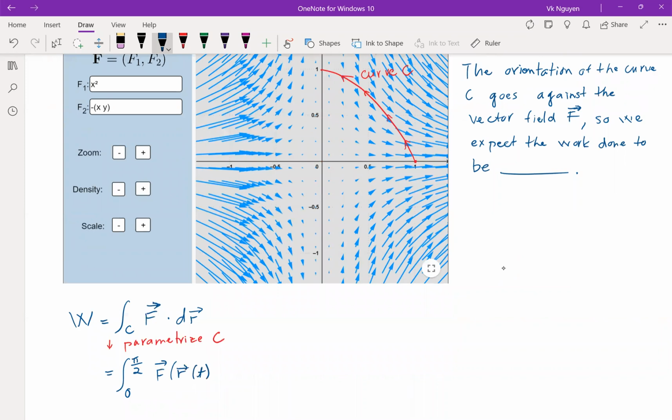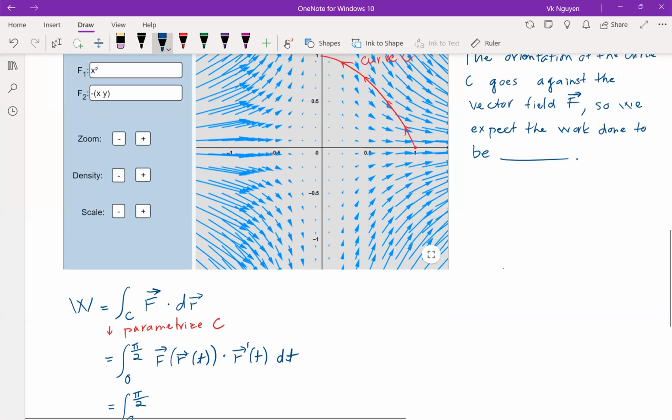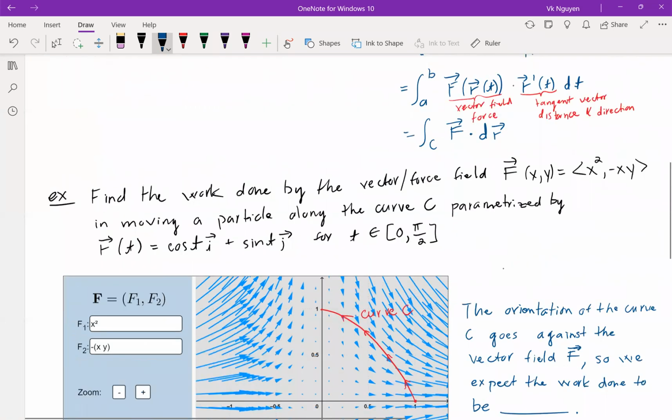I'm just going to write this here for the sake of the formula. But in the next example, I'm not going to write this out, because you can do the substitution right away. For F of r(t), just be careful with the substitution here.